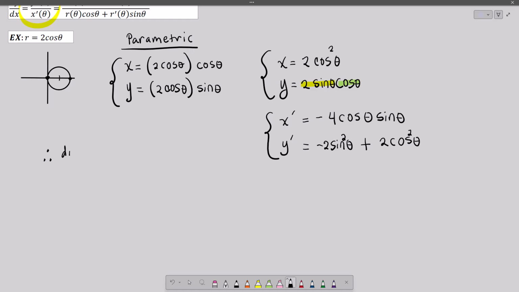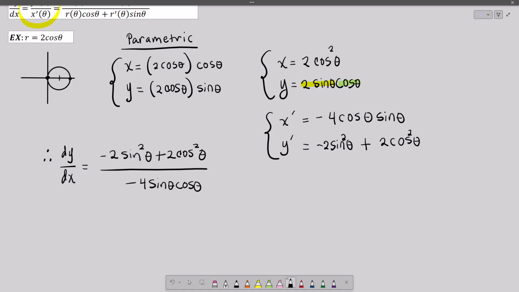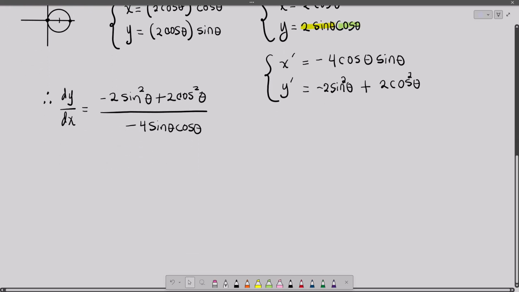So therefore, now we know our derivative. So dy dx, slope of the tangent line, is going to be negative 2 sine squared of theta plus 2 cosine squared of theta, all divided by negative 4 cosine theta sine theta. Once again, I can't help myself. We always see it in the books as sine cosine. So we have that. And we could simplify this.